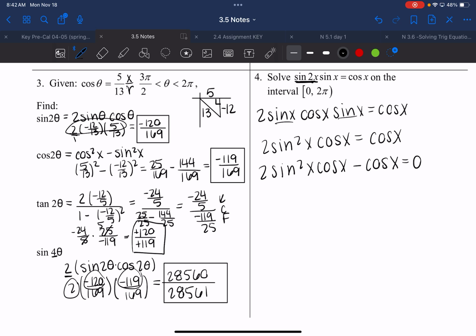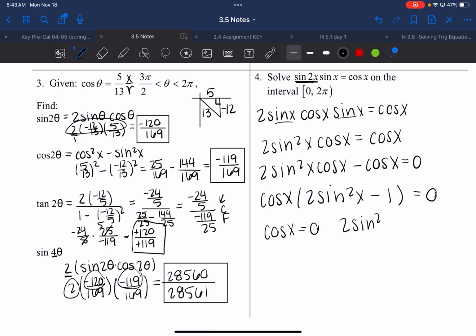All right, so what am I going to be able to factor out? Right. So pull a cosine of x to the front, and I'm left with 2 sine squared minus 1. All right, and now I've got my factors, and how do you solve factors? Set them equal to 0. So I'll have cosine of x equals 0, and 2 sine squared of x minus 1 equals 0.